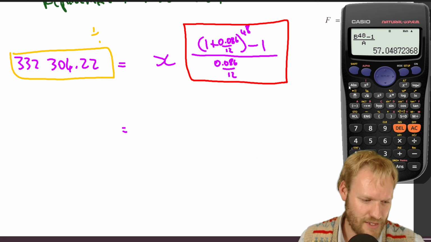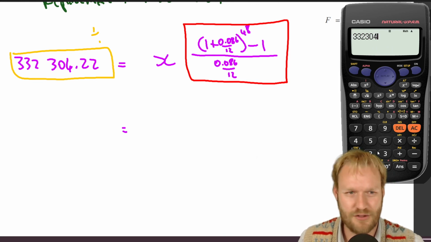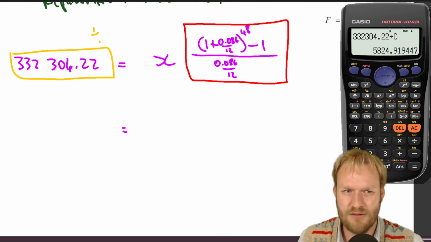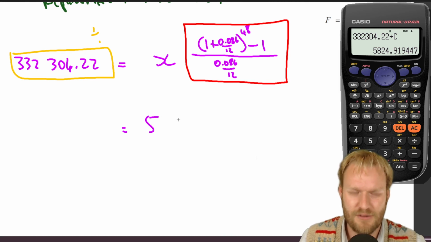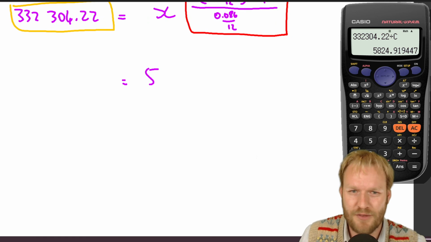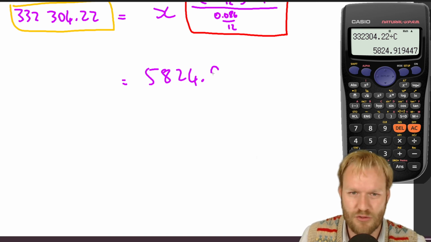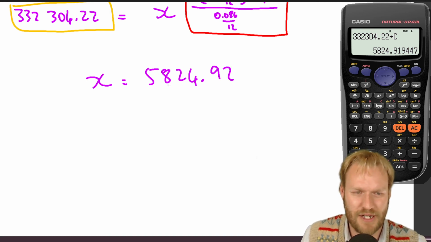And then let's just shift store that in C in case we need it. 332,304, I could have stored that in a variable earlier, divided by C gives us, maybe that is about right. It's quite something that these numbers are so big. 5824.92. So that's what X is.